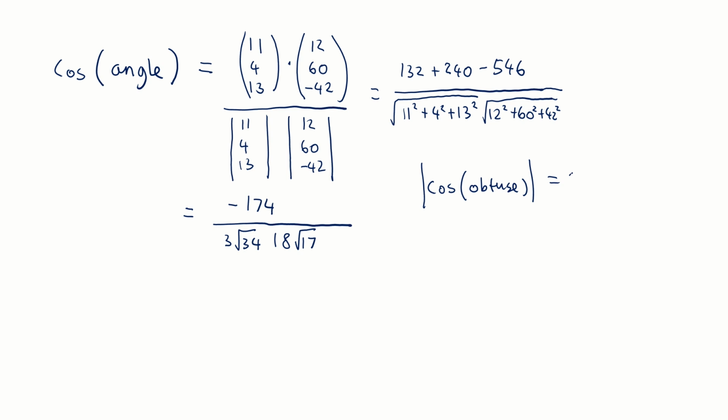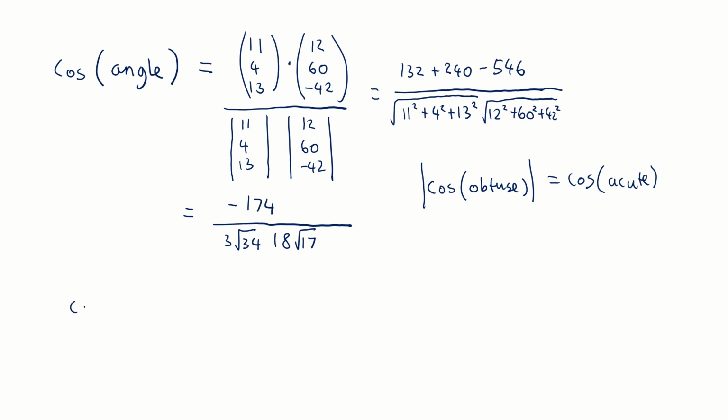So therefore, that's really neat because it means without even doing arc cos of the fraction that I've calculated here, I can already tell I've accidentally found the obtuse angle rather than the acute angle because of the fact this fraction has a negative value. And therefore all I need to do to make it cosine of the acute angle that I want, instead of having to find the actual angle, I've just got to take the modulus of this fraction, which in other words just means get rid of any minus signs you see.